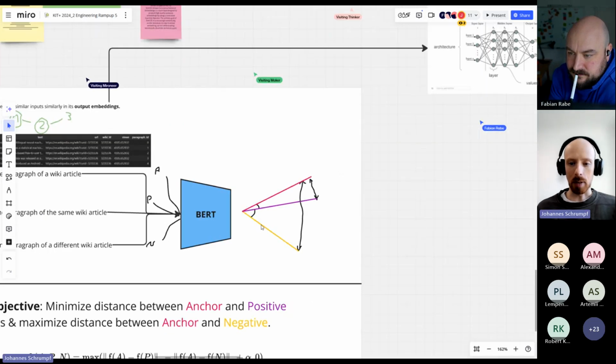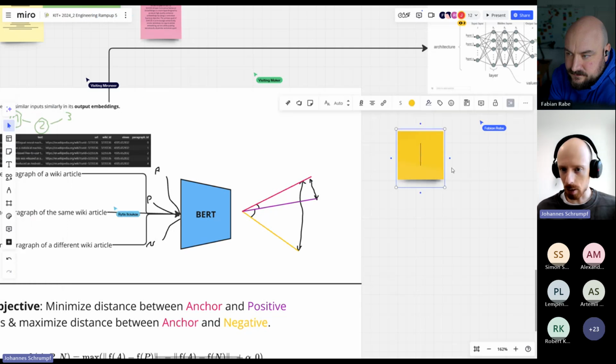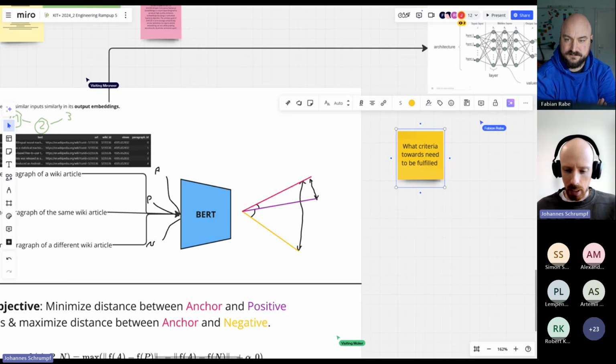Okay, yeah, maybe I have a question then. Yeah, and that's good because it relates to triplet learning as a concept. My question to you, audience, would be, what criteria need to be fulfilled towards our data set?